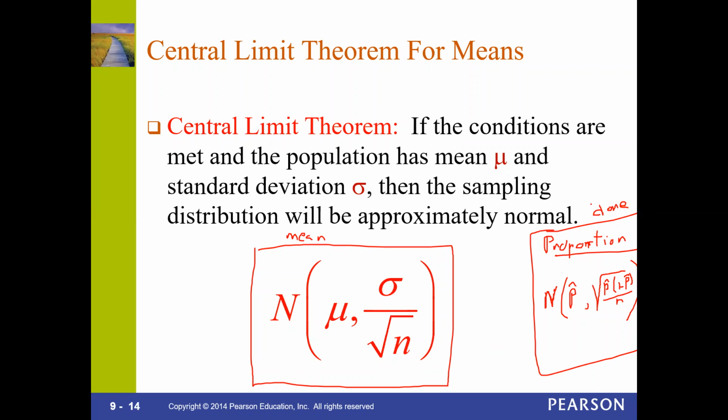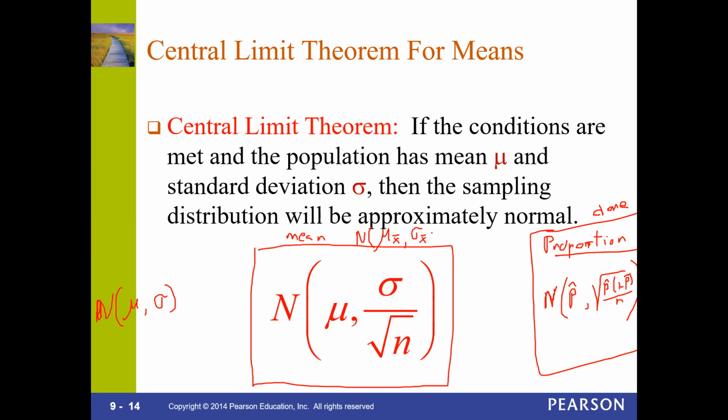It's like I'm teaching the same class over again, but with different tools. The general form we always use is N, which gives you mu and then sigma. For the mean, it will be N of mu x bar, sigma x bar.